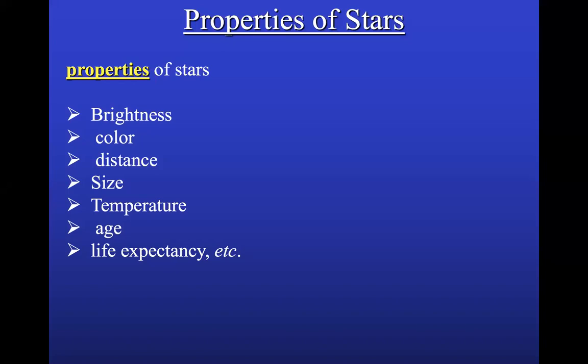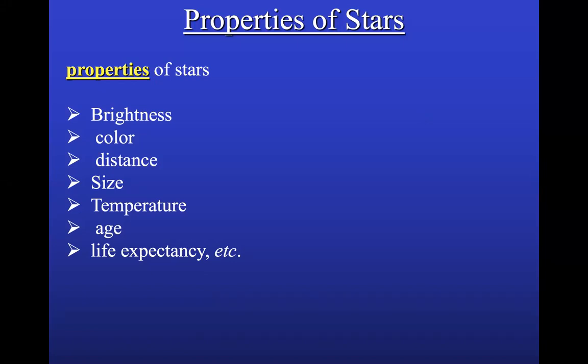Now, when we consider the properties of the stars, basically we will be talking about these 7 properties in this particular lecture. So that will be the brightness of the star, the color of a star, the distance to a particular star, how to measure distances, how to find the size of a star, the temperature of a star, age of a star, and life expectancy.